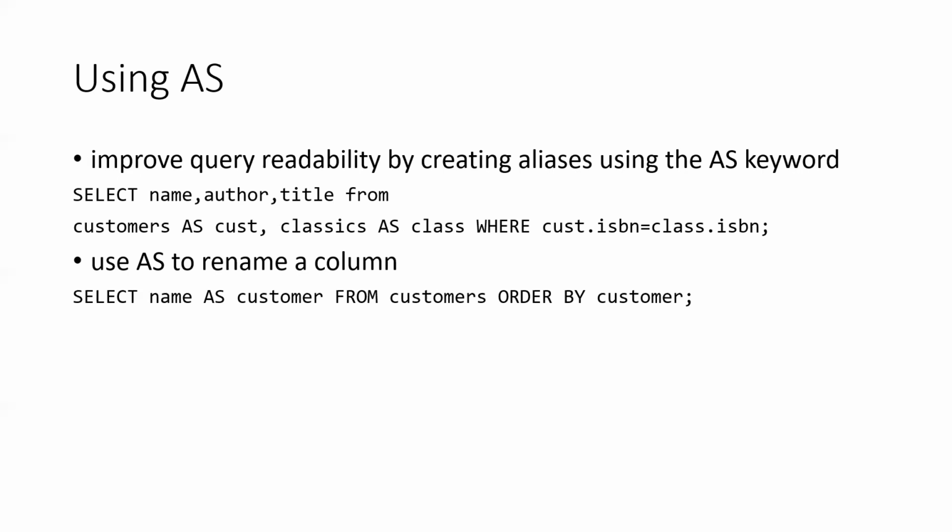Or else you can use it to rename a column name, for example, select name, and you rename that name as customer, then from customers order by customer. So basically you need to remember this keyword is used for renaming.